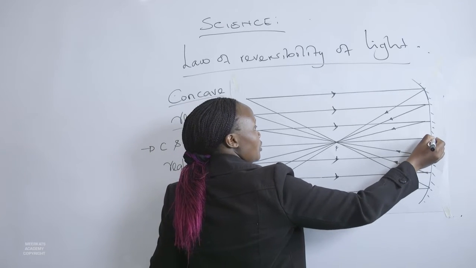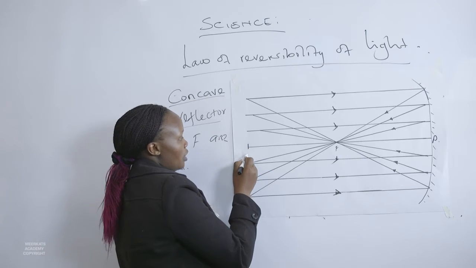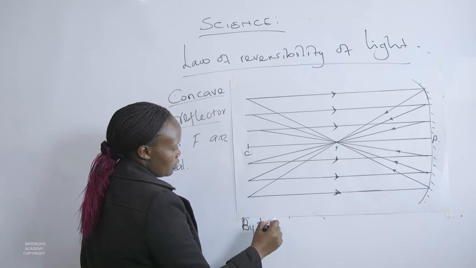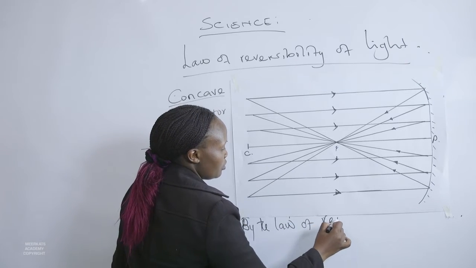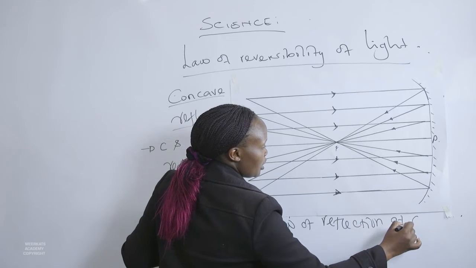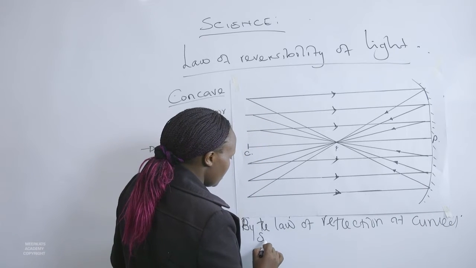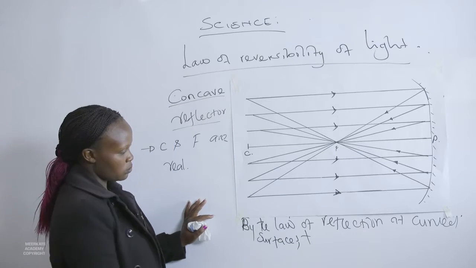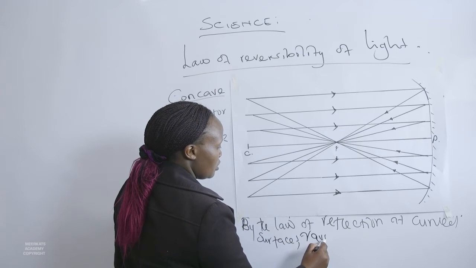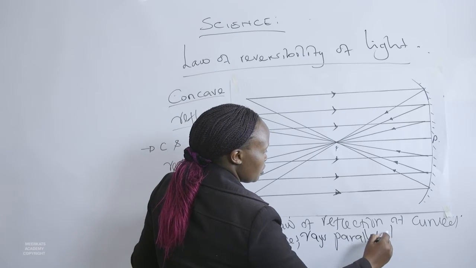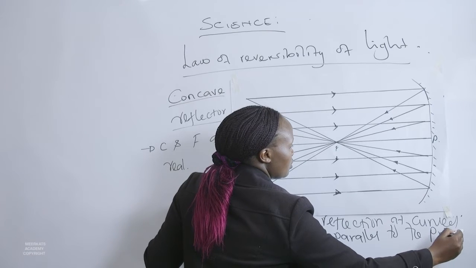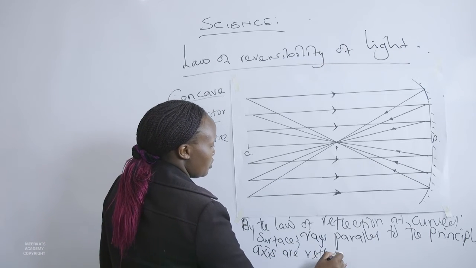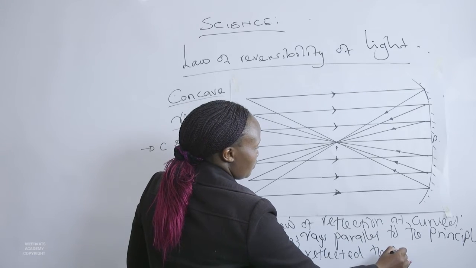Remember, here we have our pole, here we have our C. Now, by the law of reflection at curved surfaces, rays parallel to the principal axis are reflected through F.